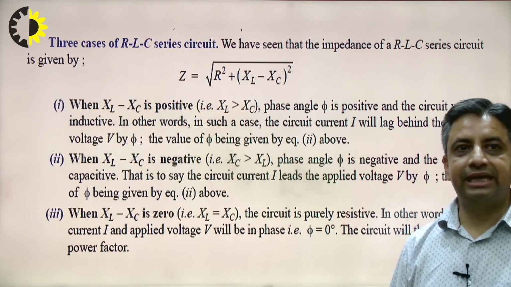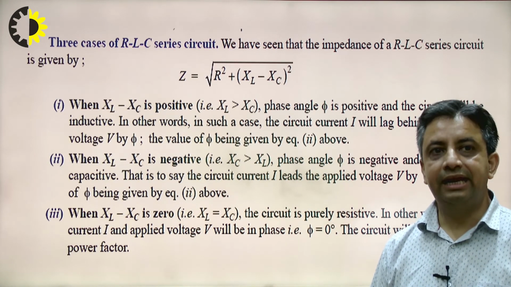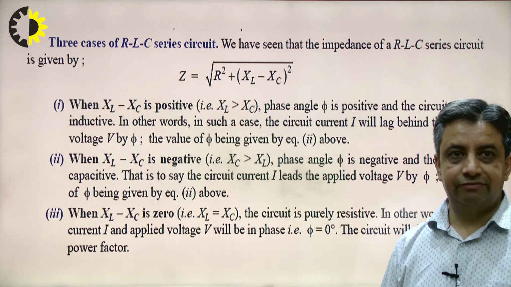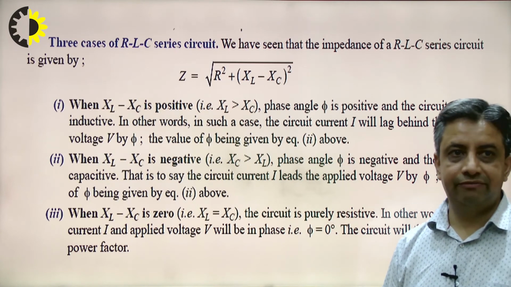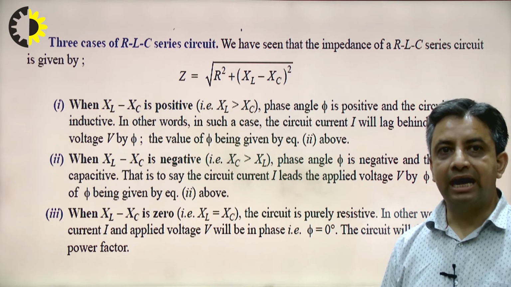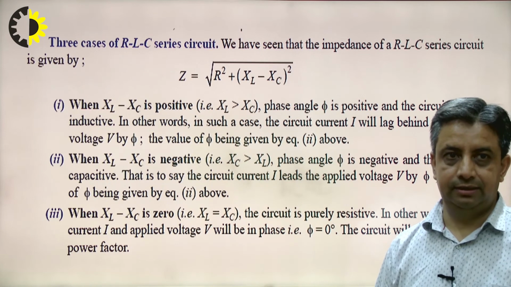In the first case, if XL is greater than XC, then the net reactance of this particular circuit will be positive. If reactance is positive, the phase angle will be positive, and this RLC series circuit will behave as an inductive circuit.